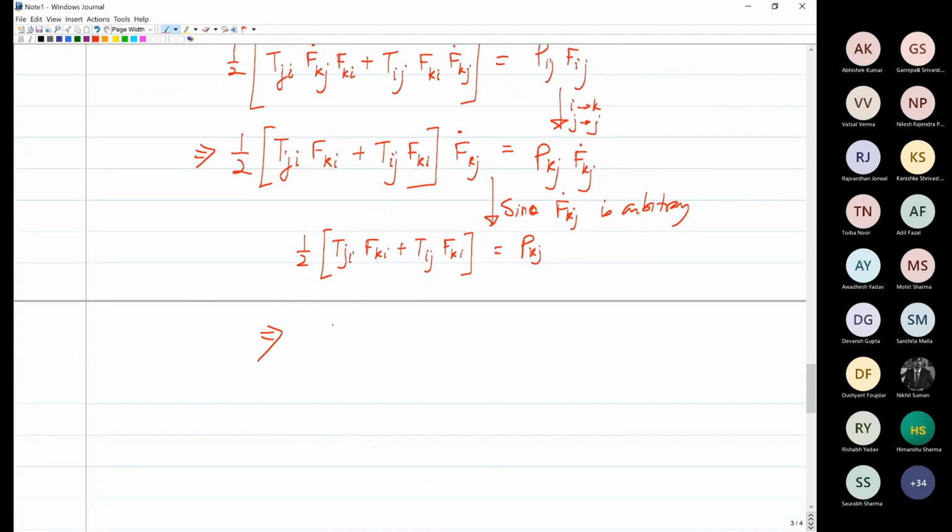If we do that, then we can come back here and you see T_ji and you have here T_ij. So both are the same, so this half is gone and you have T_ji same as T_ij. So you can either write it as T_ij F_ki or T_ji F_ki, and that's equal to P_kj. So what is this?